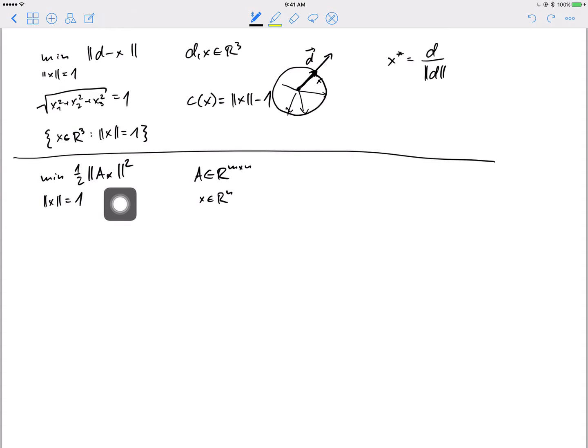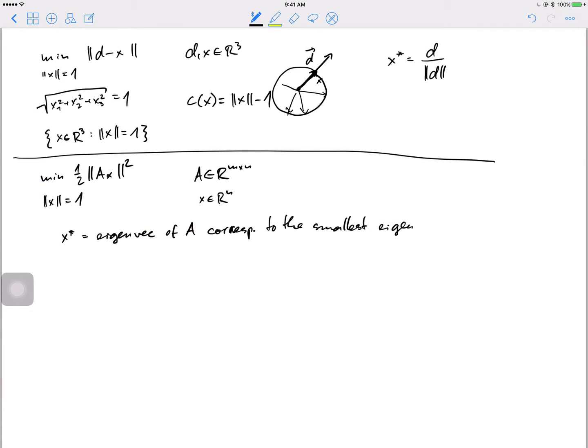And it turns out that this problem still has a polynomial time solution. Does anybody know what that is? Yeah, you are absolutely right. That's exactly what that is. So the solution, the x star, is the eigenvector of A corresponding to the smallest eigenvalue.